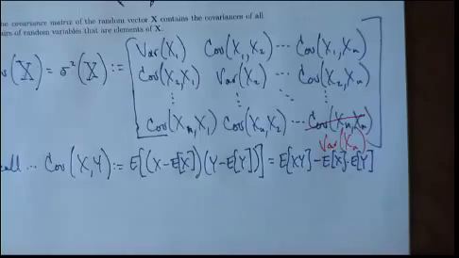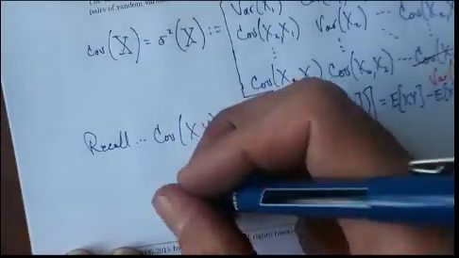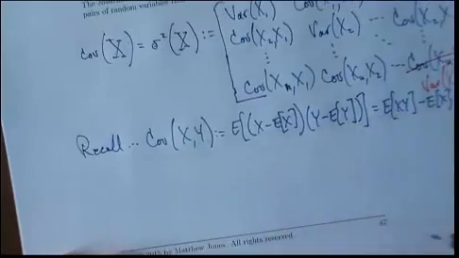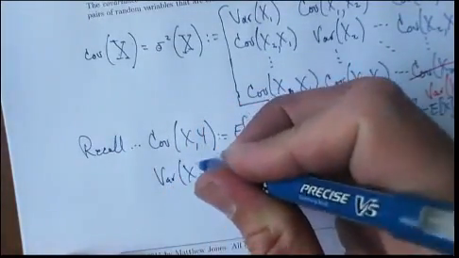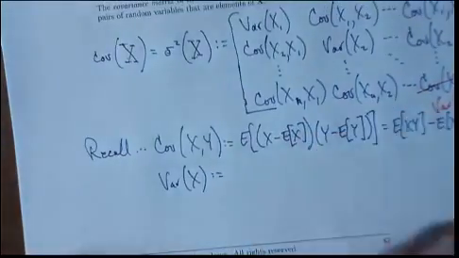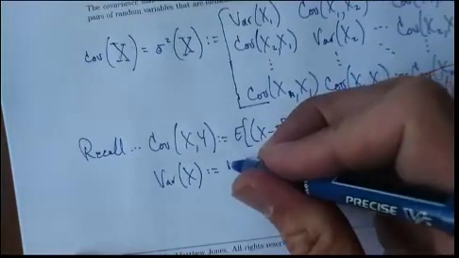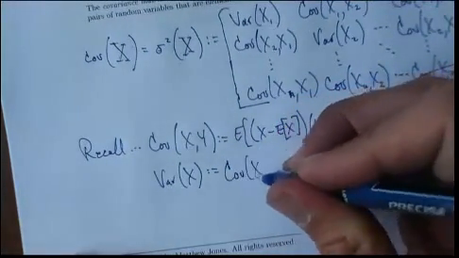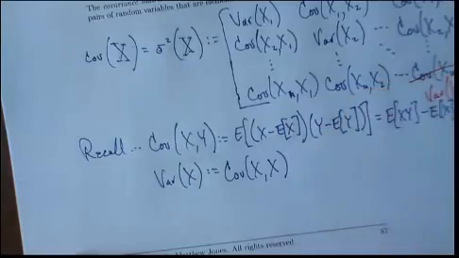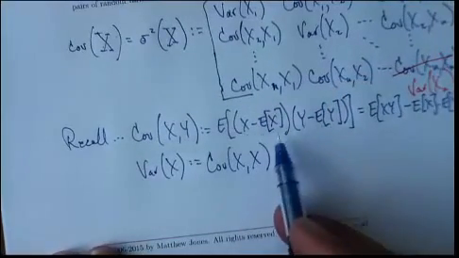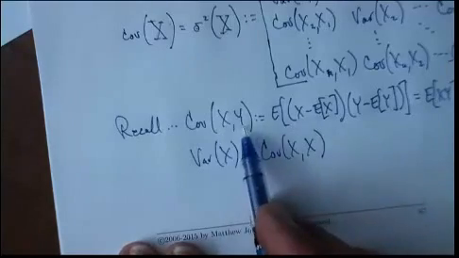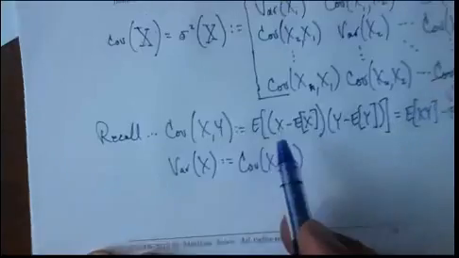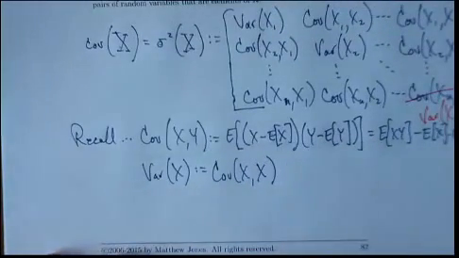By the way, the variance of x can be defined to be the covariance of x with itself. You should note from this expression that the covariance is a symmetric function. It doesn't matter what order you put these 2 random variables, you get the same thing.